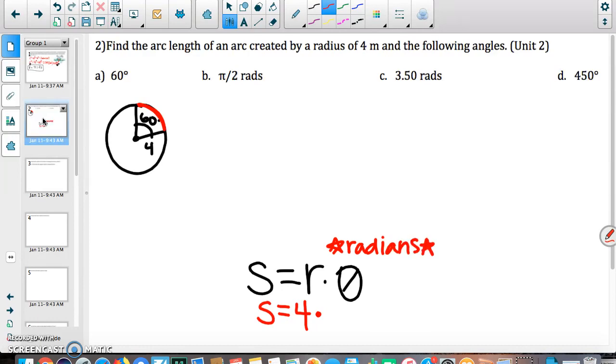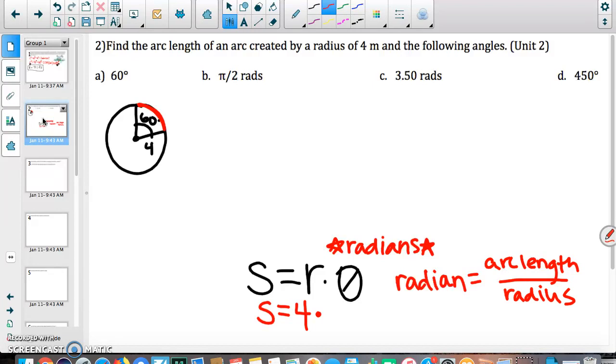We do have to be in radian mode, because this equation follows from us knowing that a radian is equal to the ratio between arc length and the radius of my circle. So that's really how we get this equation here. And since this is in radians, my angle also has to be in radians.